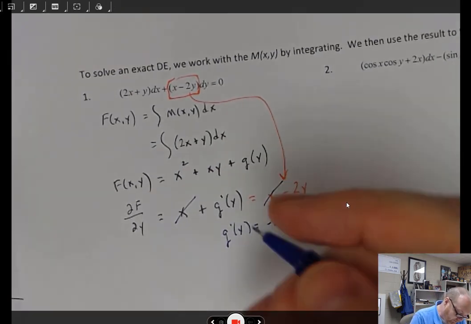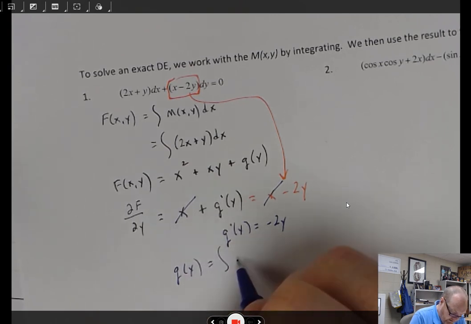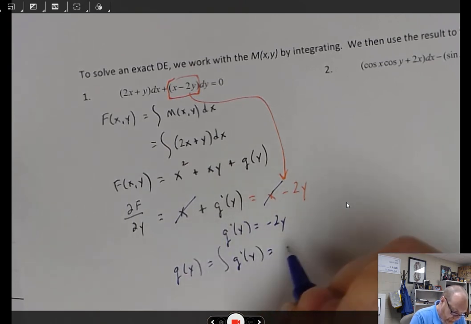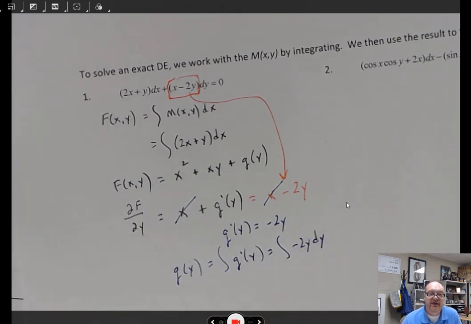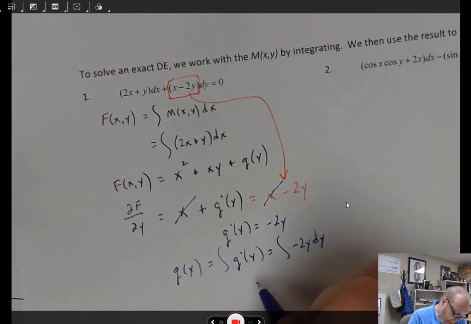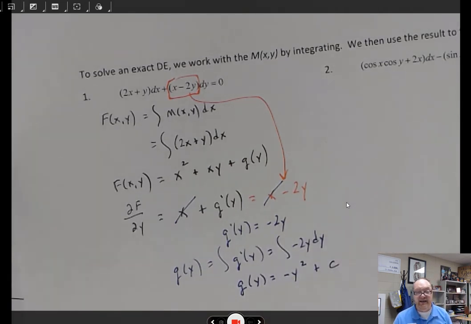So let me integrate g prime with respect to y, and then I'll essentially be done. The integral of negative 2y is negative y squared, now finally plus some constant.